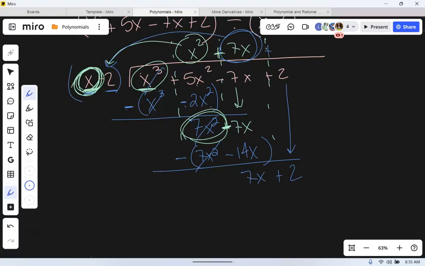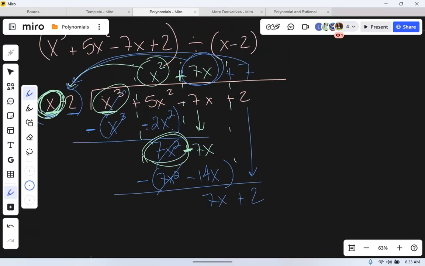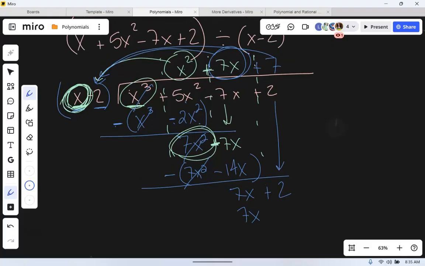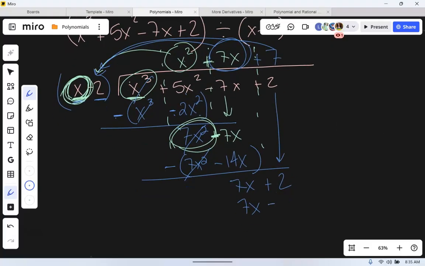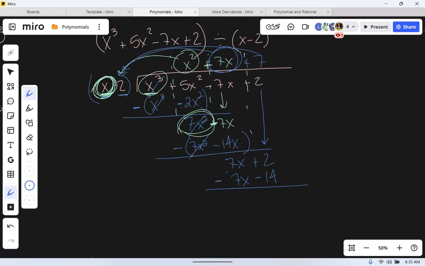That goes up top in the constants column, and I'm going to multiply all the way around. 7 times x is 7x, and 7 times negative 2 is negative 14. Subtracting everything. First ones cancel, as they should.